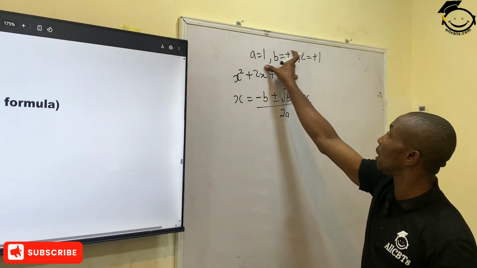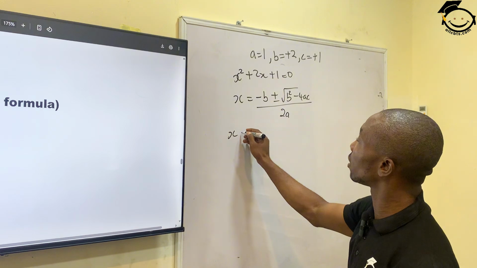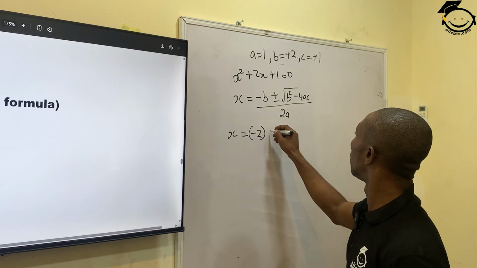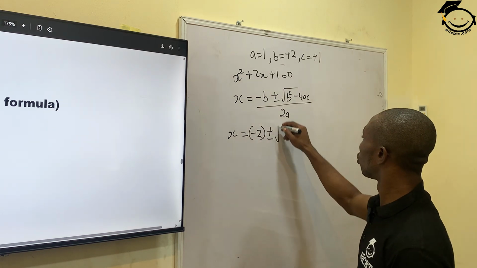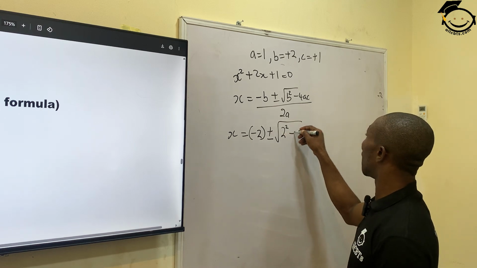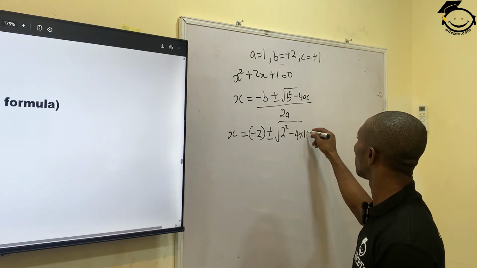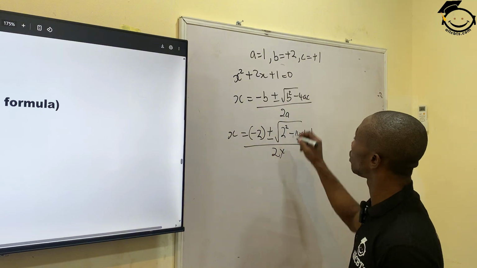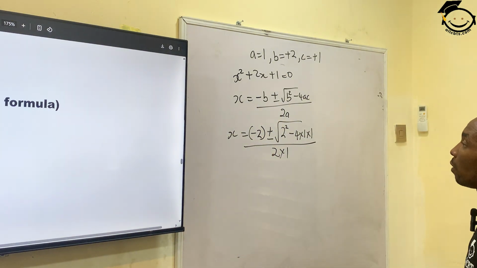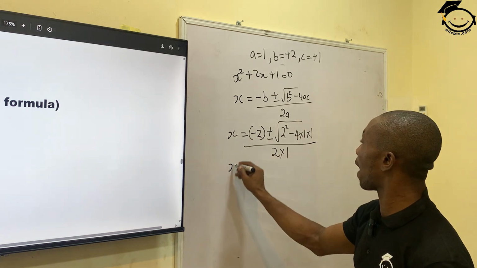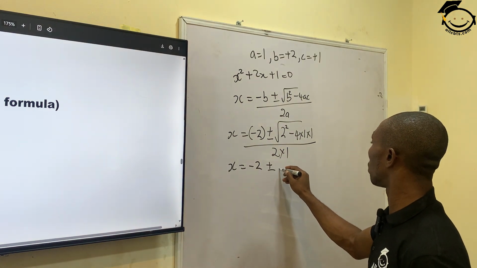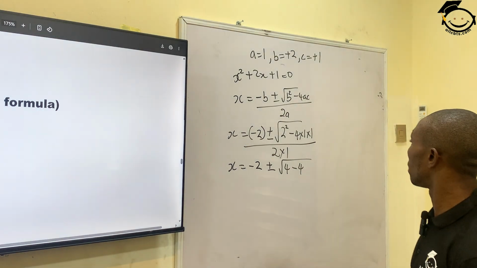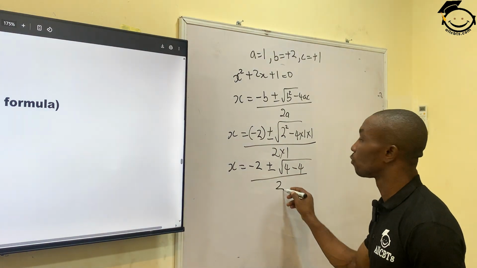Applying this into the formula, x is going to become minus 2 plus or minus root of 2 squared minus 4 times a, which is 1, times c, which is 1, all over 2 times a, which is 1. At this point, let's expand. We have x equals minus 2 plus or minus root of 4 minus 4, all over 2.